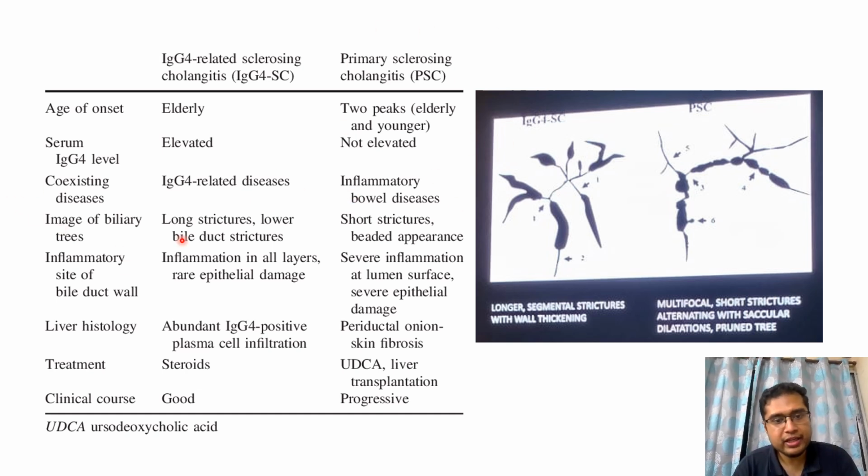On imaging of the biliary tree, long strictures are seen in IgG4 disease, while short strictures with a beaded appearance are seen in PSC. The important reason for all this is that the treatment for IgG4 related sclerosing cholangitis is steroids, while for primary sclerosing cholangitis it is typically liver transplantation. The clinical course is good in IgG4 related sclerosing cholangitis, while it is progressive in primary sclerosing cholangitis, and hence liver transplantation has to be done.